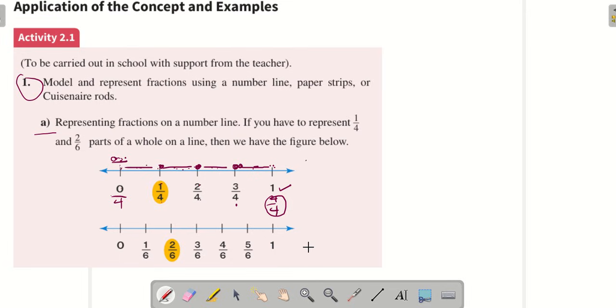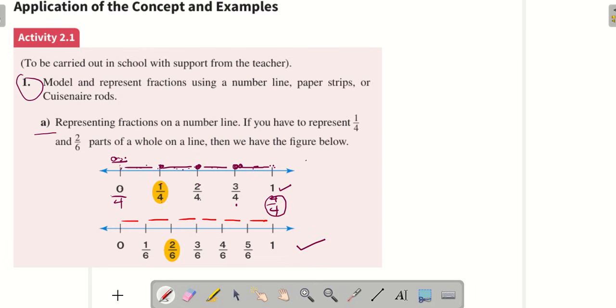Let us also look at this. Here, let's count the divisions of this journey. First, we have the first part of the journey here, second part, third part, fourth part, fifth part, and sixth part.